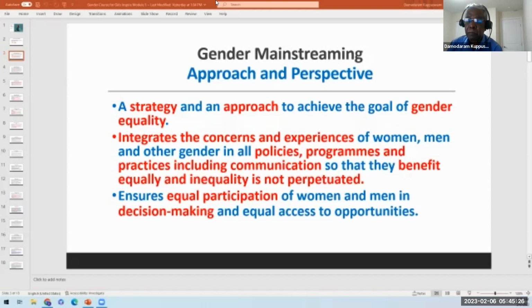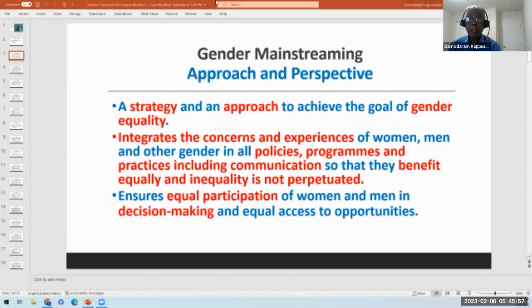Although there is so much said about integration, in reality it remained an independent, exclusive component. So gender mainstreaming says it cannot be independent or separate. It has to be part of the main system, main work. That's the distinction I would like you to see.